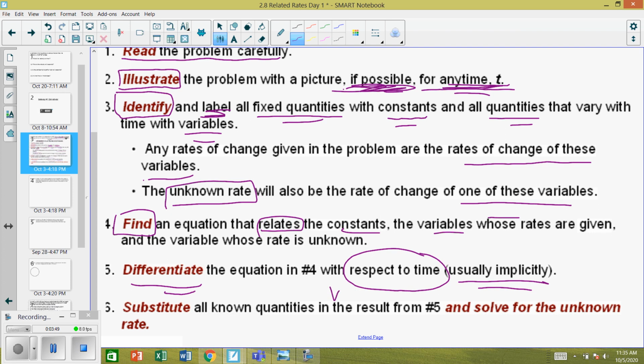So my variable here will usually be t. Everything else would be done implicitly. And then we're going to substitute all known quantities and everything that we can in number 5 and solve for the unknown rate. Okay, so as you're trying these problems, keep these in mind and try to go through them as you can. Let's look at one problem together.